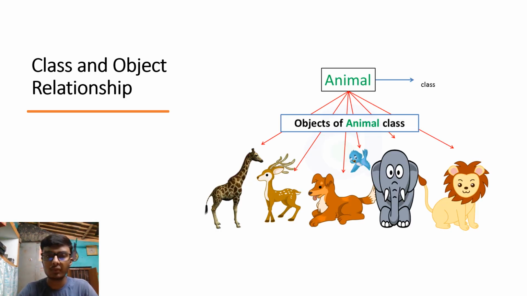A nice way to look at class and object and their relationship is through this picture. When we say animal, it means we are talking about a class.